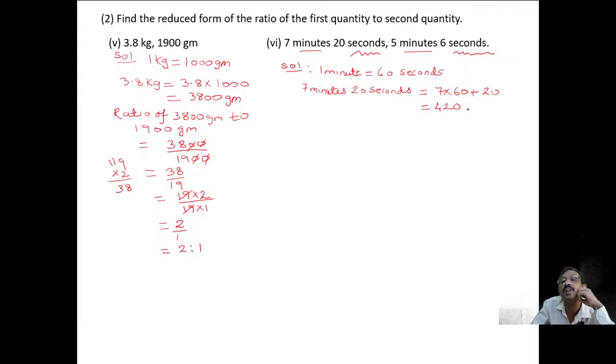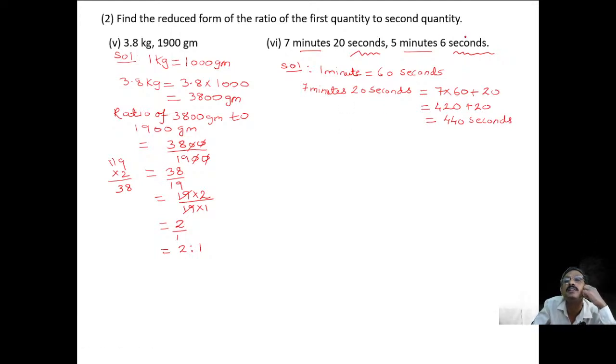So I get 420 plus 20. This is equal to 420 plus 20 gives me 440. What is this 440 we calculated? This 440 is nothing but seconds. Okay, the one part is over.